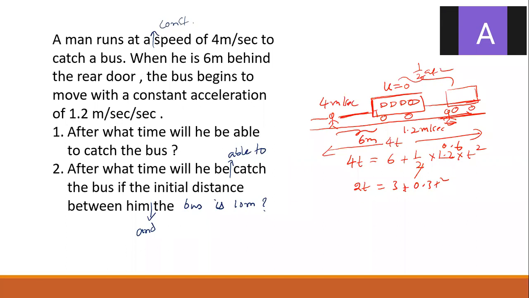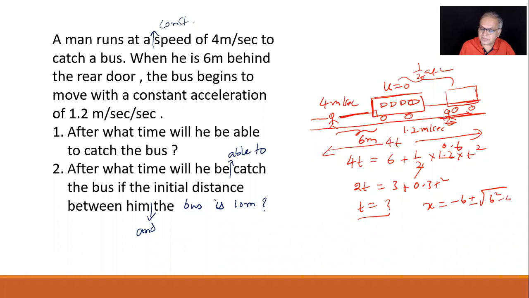The calculation part, be careful. Am I correct? Yes, sir, it's correct. So tell me how much is t? You know, x equals minus b plus or minus root b square minus 4ac by 2a is the quadratic formula, if you forgot it.